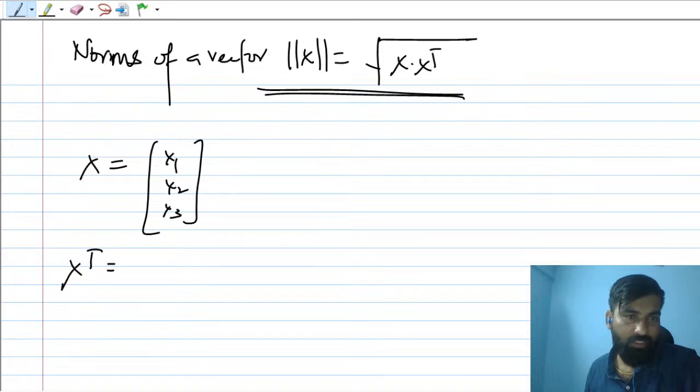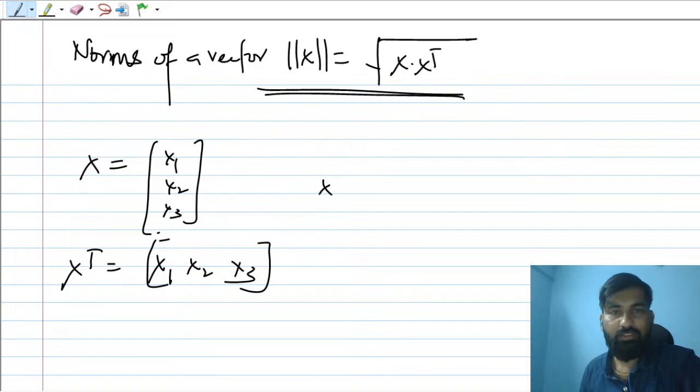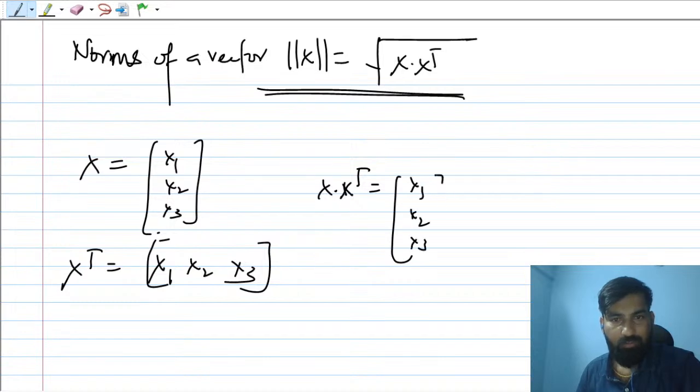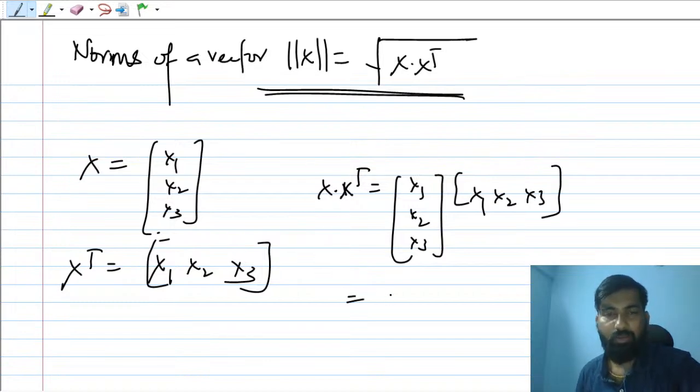You can take x transpose as well. x transpose is nothing but x1 x2 x3 like this. Now you can take the dot product. So x dot x transpose: you write the x vector here as x1 x2 x3, and x transpose as x1 x2 x3. Now you can multiply. Upon multiplication, it will give you x1 square plus x2 square plus x3 square.